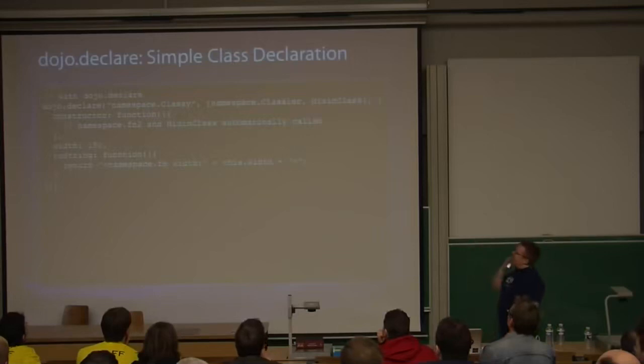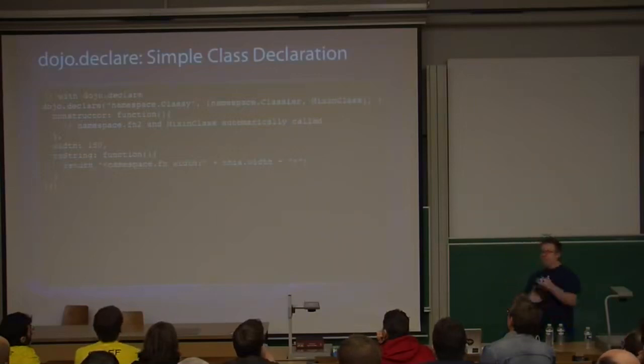Dojo.declare. So JavaScript has classes, sort of. It's a prototypal inheritance-based language with some class constructs bolted on top. But the syntax to do that is actually pretty ugly. So the toolkit's trying to make it really easy.